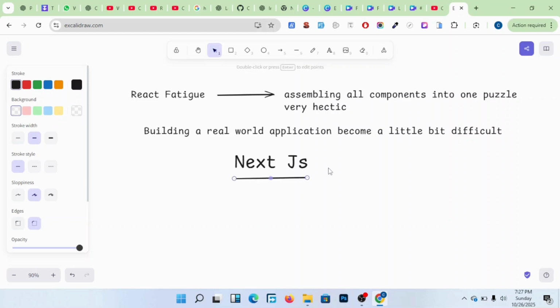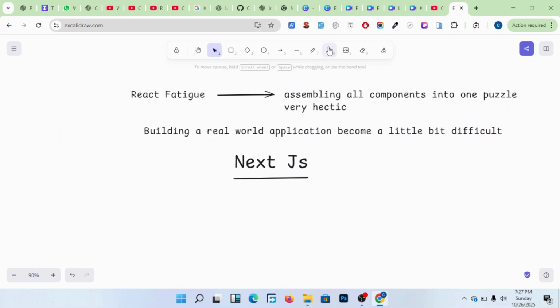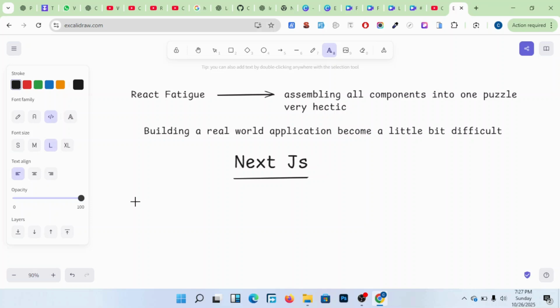This Next.js was created by Vercel, formerly Zeit, and it was introduced in 2016.